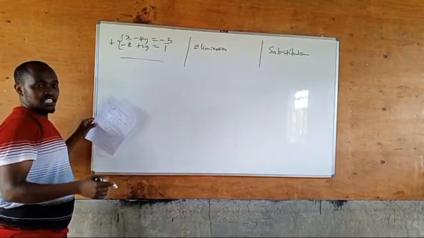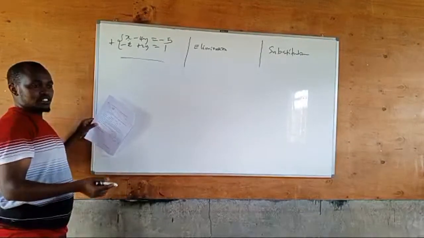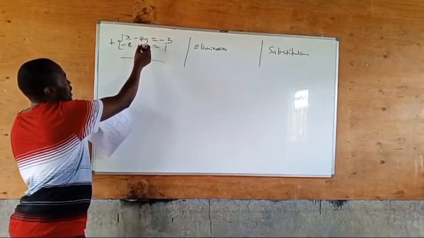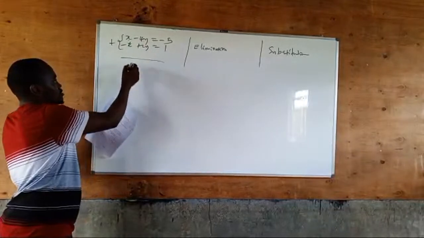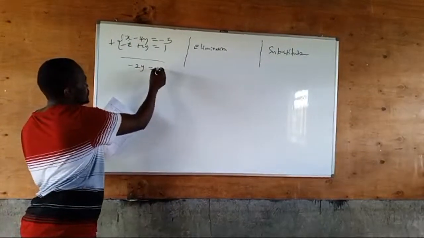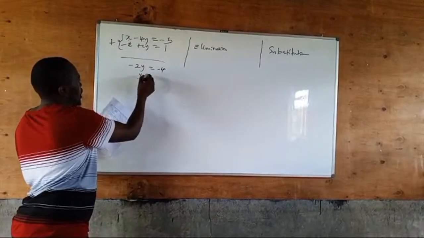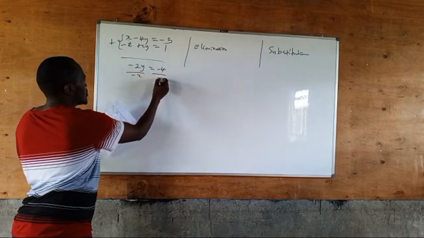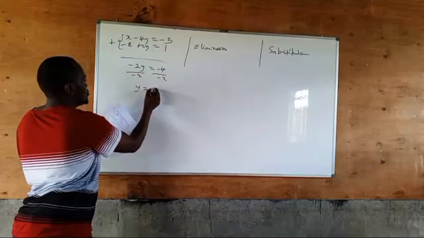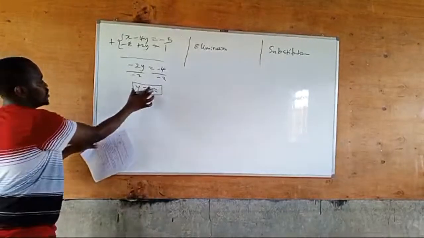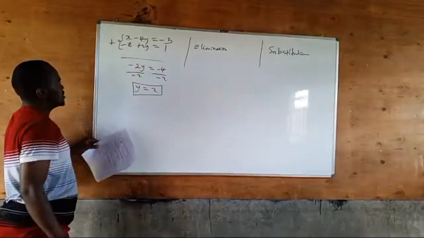x minus x itaisha. Imekuwa 0. So 0x. Haya, negative 4y plus 2y inakuja negative 2y equals to negative 4. Y divided by negative 2. Y equals to 2. Sawa. Halafu unachukua hiyo unaiweka kwa moja ya hizi.